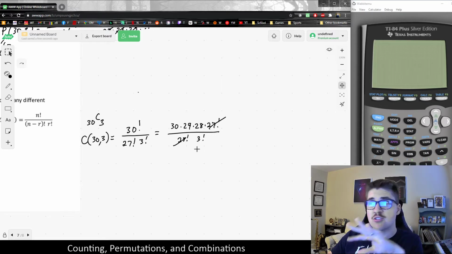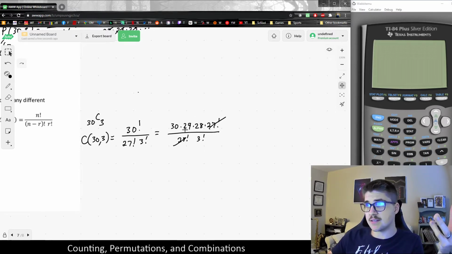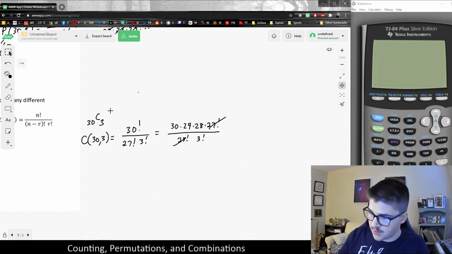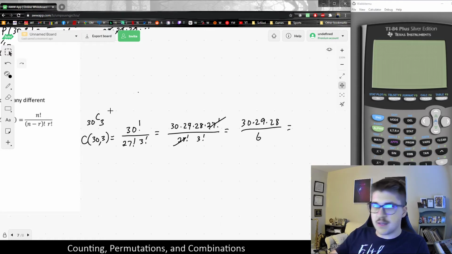This is just compensating for the cases where order does not matter. We take that answer and divide it by 6, because 3 factorial is of course 3 times 2 times 1. So I'd have 30 times 29 times 28 over 6, and that would give me my number of outcomes.